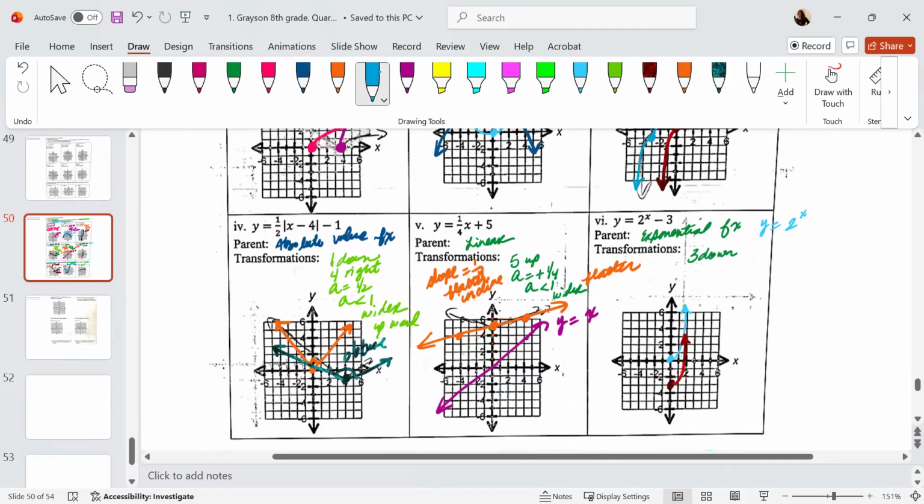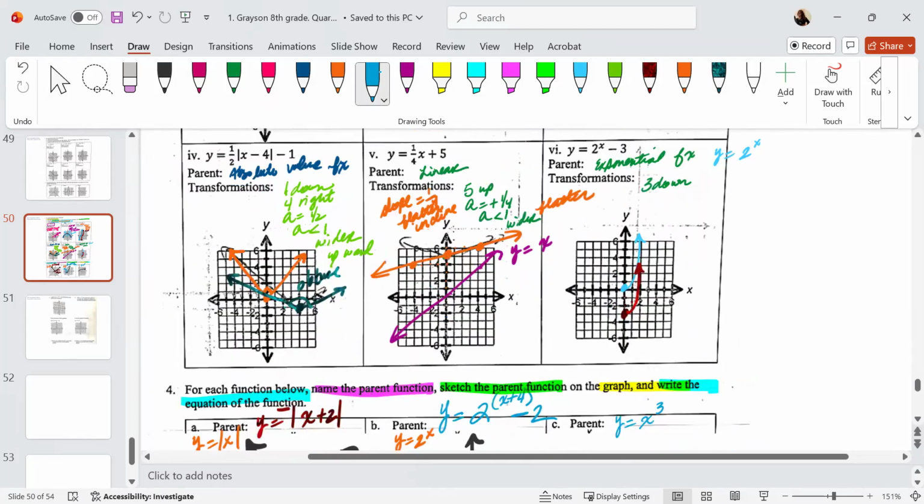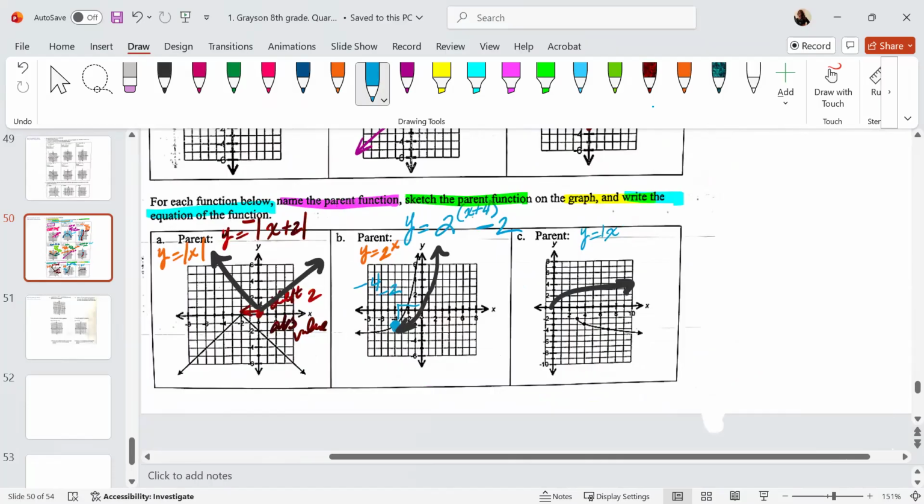Hold on, let me see. No, it's not cube. It's square root. Correct? Okay. Name the parent function. So square root function, right? This is exponential function. This one is absolute value function.